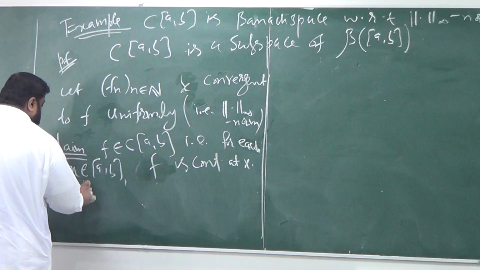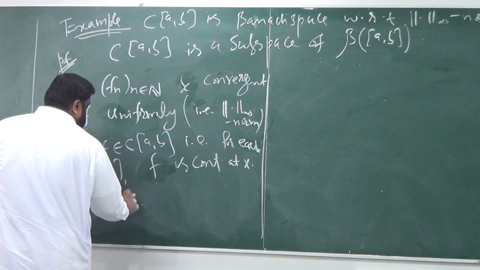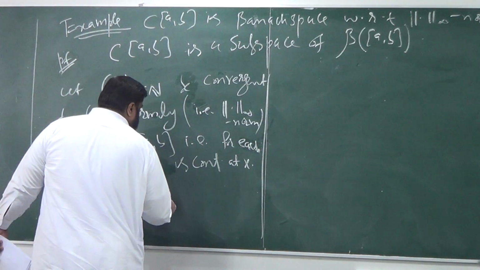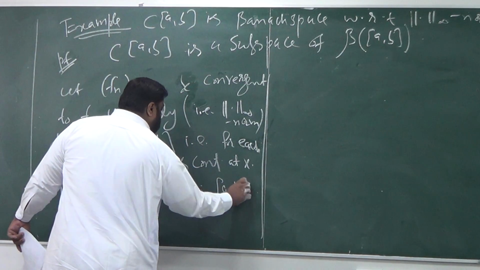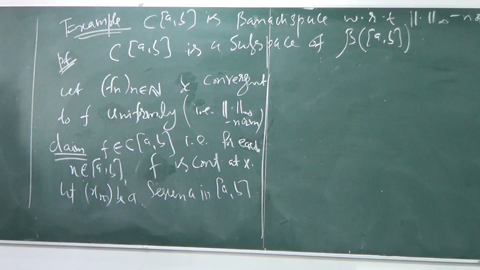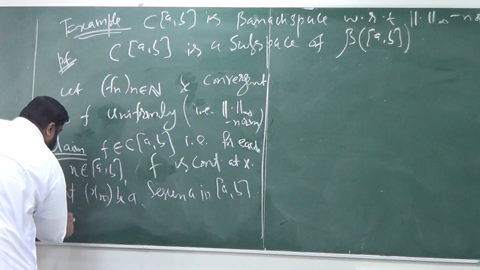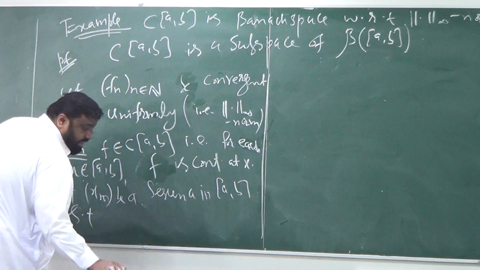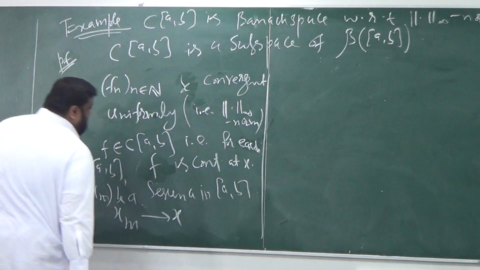So let x_m be a sequence in A to B, a sequence in A to B, such that this x_m converges to some x.